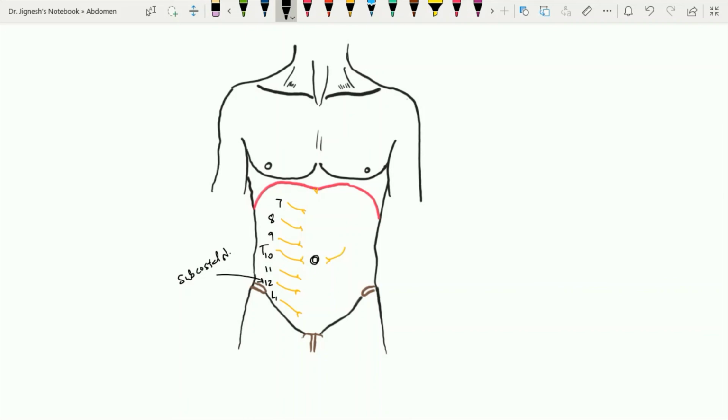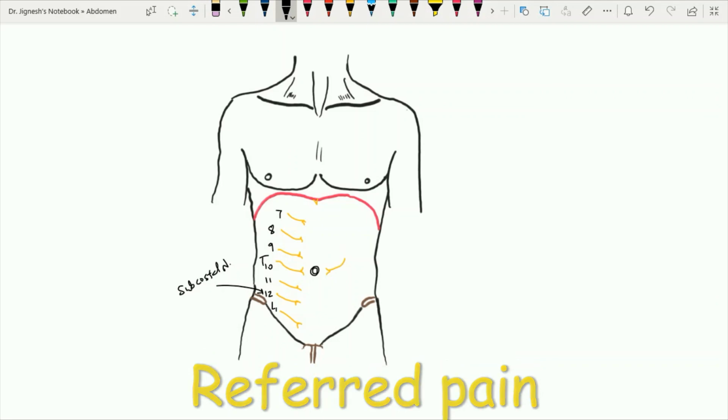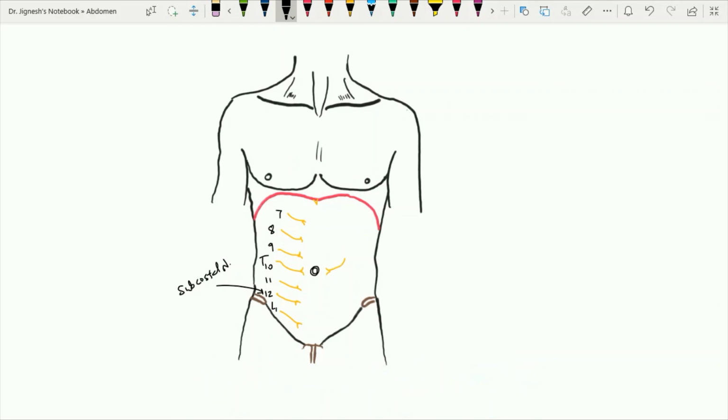Because of these overlapping dermatomes of the anterior abdominal wall, a particular area of the skin is anesthetized only when the dermatome above and the dermatome below are also anesthetized. And the knowledge of the position of the dermatomes helps in understanding the referred pain from some abdominal organs because of the possible communication between the somatic and the autonomic nerves through the corresponding segments of the spinal cord.